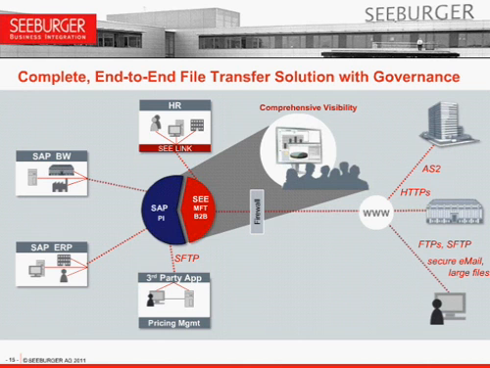And, of course, the demand that we really get from our customers is to have complete end-to-end visibility: visibility of the files going out to the trading partners, coming into SAP, working their way through PI, and to a final booking stage within SAP. So complete end-to-end visibility is very critical there.